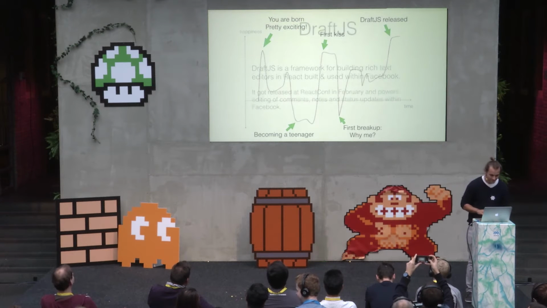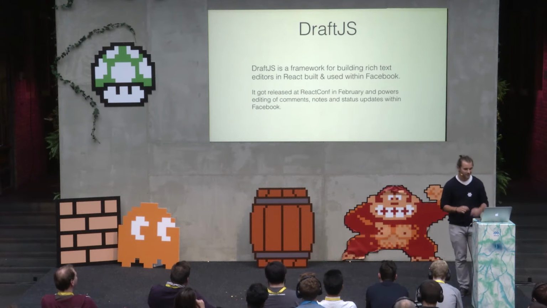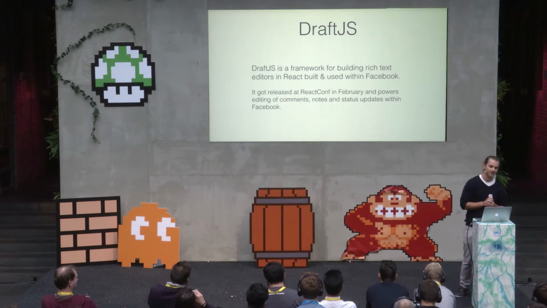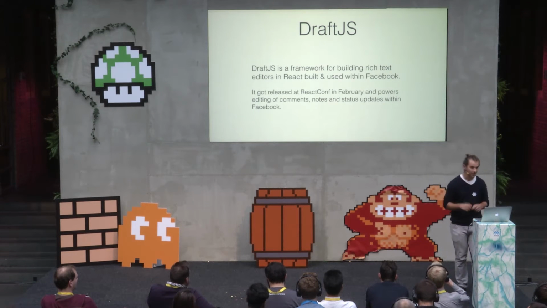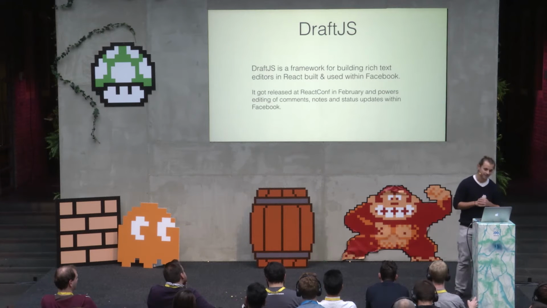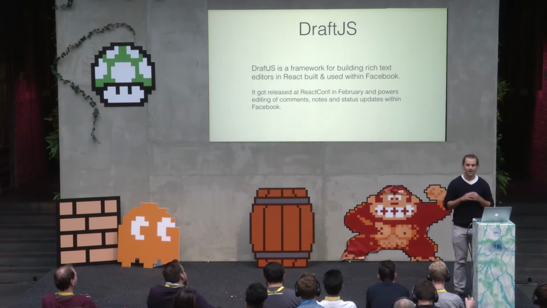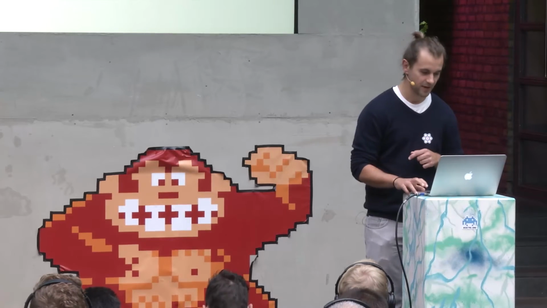So what is Draft.JS? Draft.JS is a framework for building rich text editors in React, built and used within Facebook. It got released earlier this year at the ReactConf, and it powers basically all sorts of rich text editing experience in Facebook that you can find nowadays. So comments, notes, status updates.